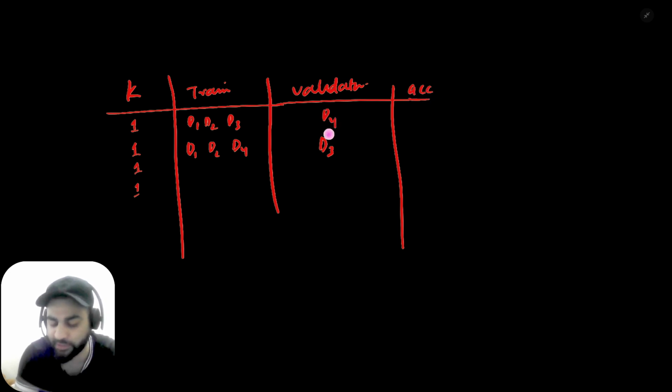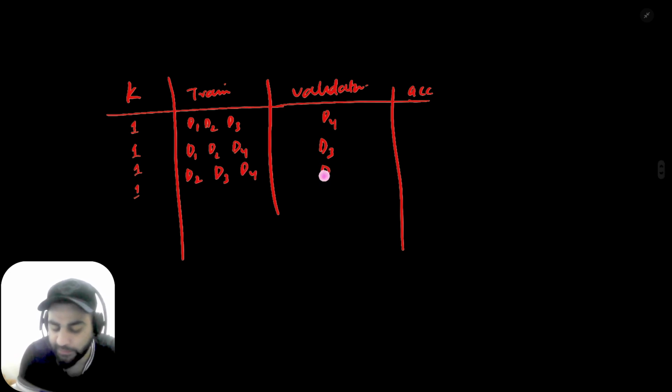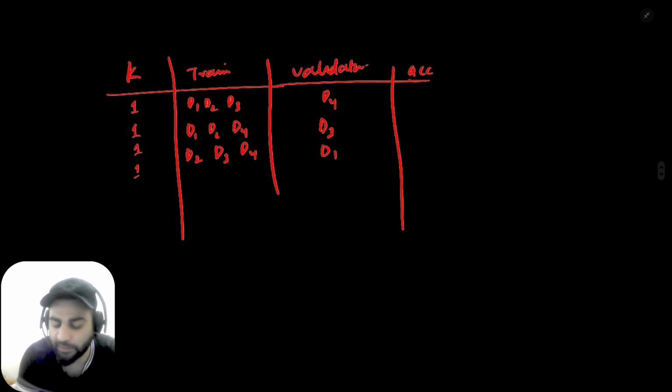With respect to D4, D3. Okay, and then I'll now use D2, D3, and D4, so here D1 will be the validation set. Again, let's suppose what I missed, D2 here. So I'll say D3, D4, and D1.